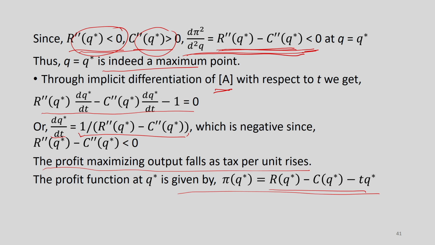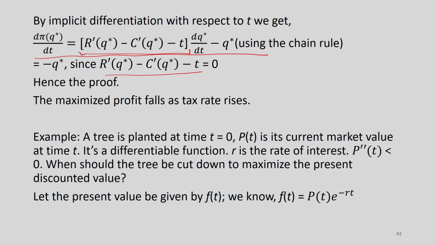That is why we are sure that the profit is actually getting maximized at q equal to q star. And as side results, we have also found out how much the equilibrium output and equilibrium profit change with respect to a change in the tax rate.